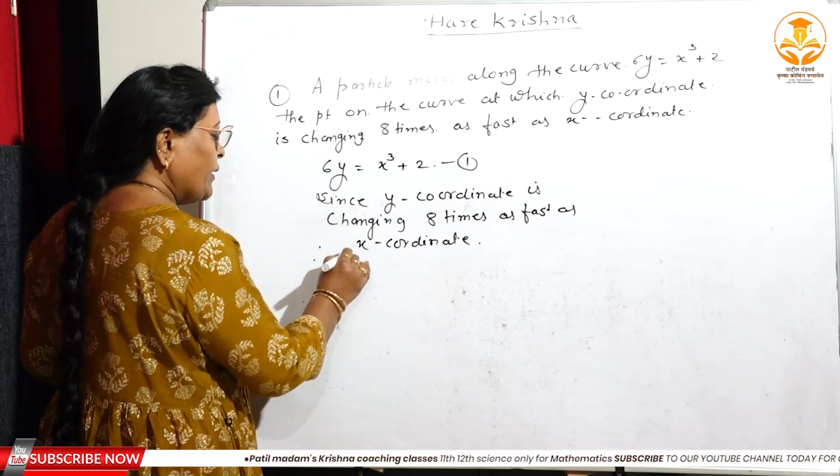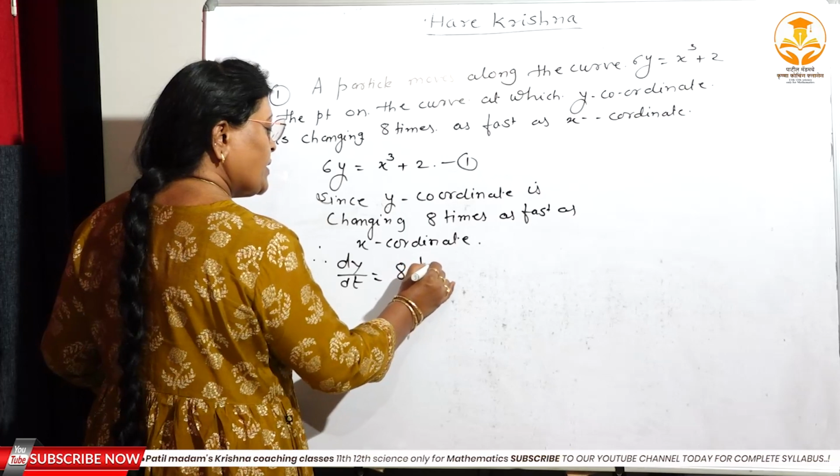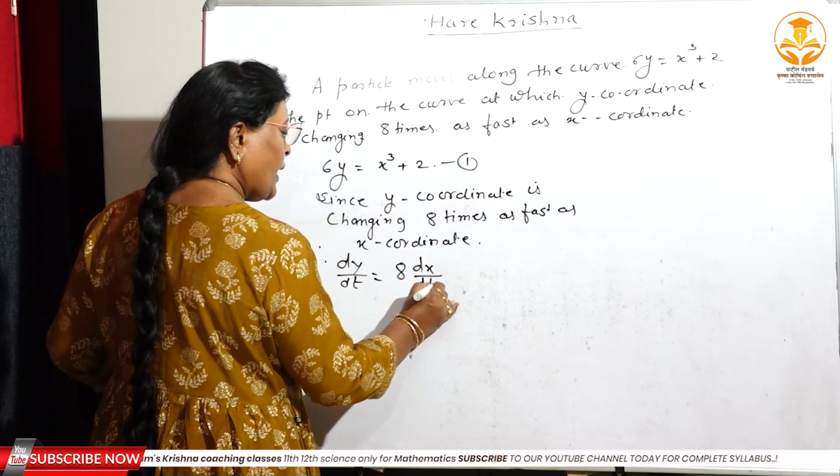Therefore, we can write here dy by dt is nothing but 8 times dx divided by dt, isn't it?